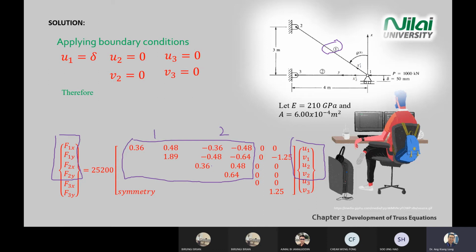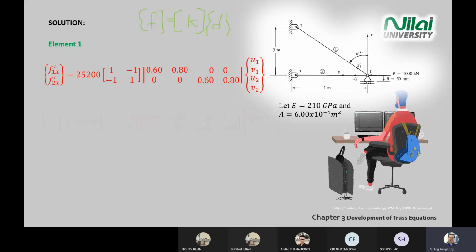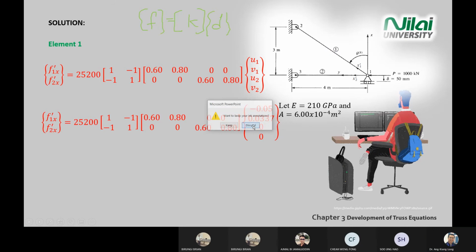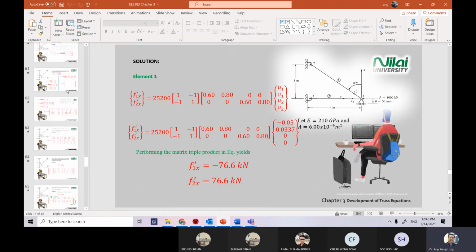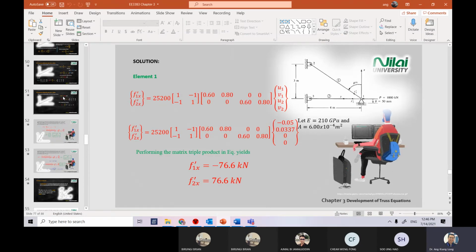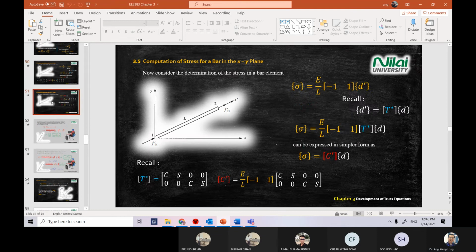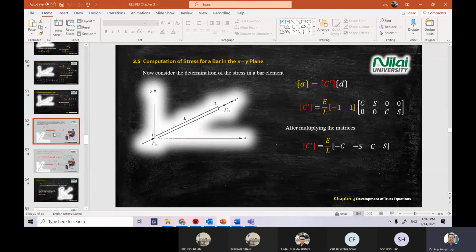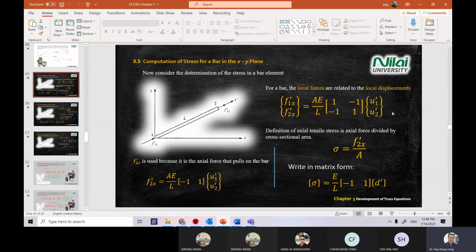However, remember you already combined all the numbers here, so you need to recall the individual formula. Let me show you the original formula, as you can see on the screen here.